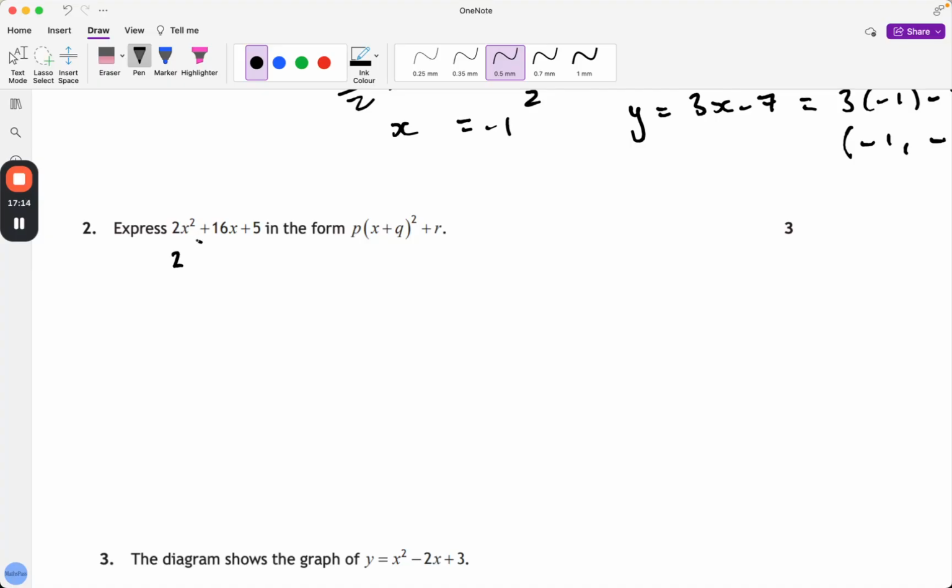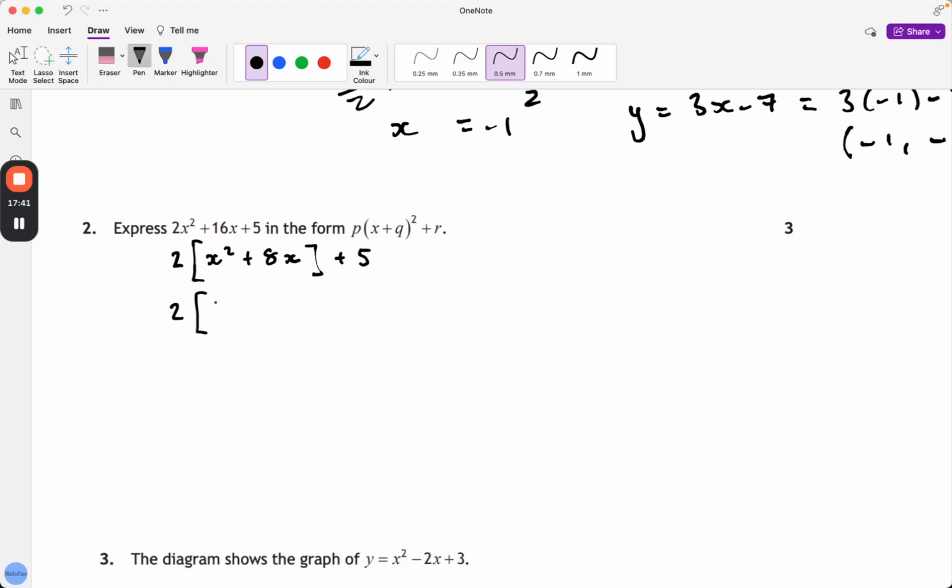So what we can do is use some big square brackets, and that's going to leave us with x squared plus 8x, just by dividing the first two terms by 2. And then we still have our plus 5 on the outside that we kind of ignore until the very end. Okay, now what we want to do is doing our completing the square as normal with the things that are inside our square bracket. So we want to do just normal completing the square with your x squared plus 8x. So I'm going to keep my 2 and I'm going to keep my big brackets.